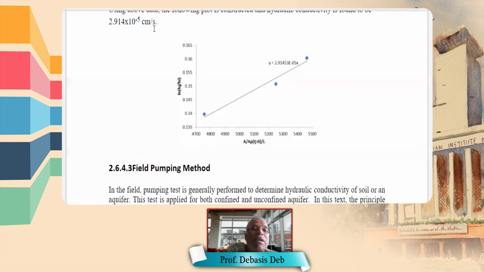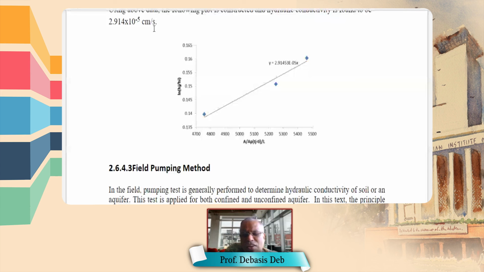So if you multiply by 3600, which is per hour, what will be that? Per hour, right? So you can find out per hour from point A to point B how much it has moved. Okay, what is the distance? So this is per second. You can convert to per hour or per day.